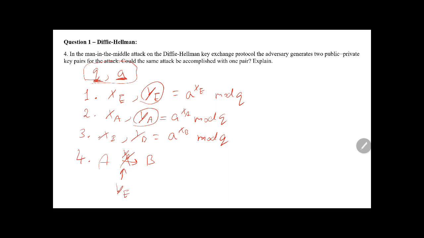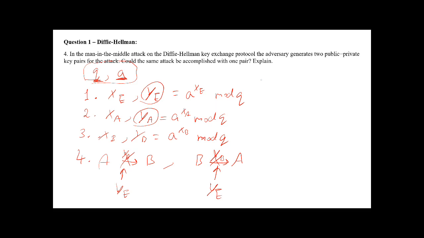And the same on the other side, when B sends to A his public key, which is YB, Eve will intercept here and send the same YE. So basically, B will receive YE and A will receive YE.